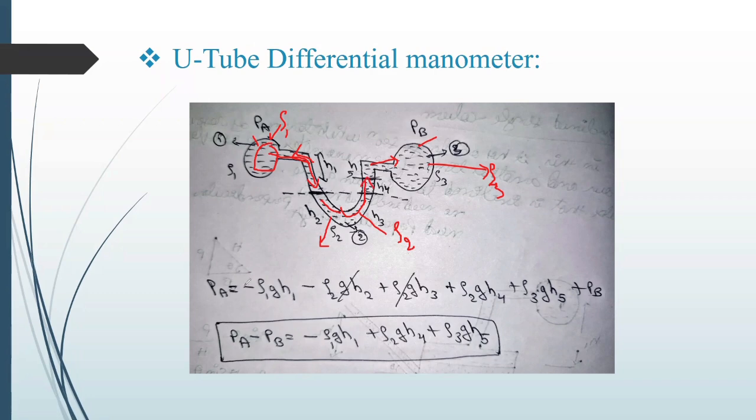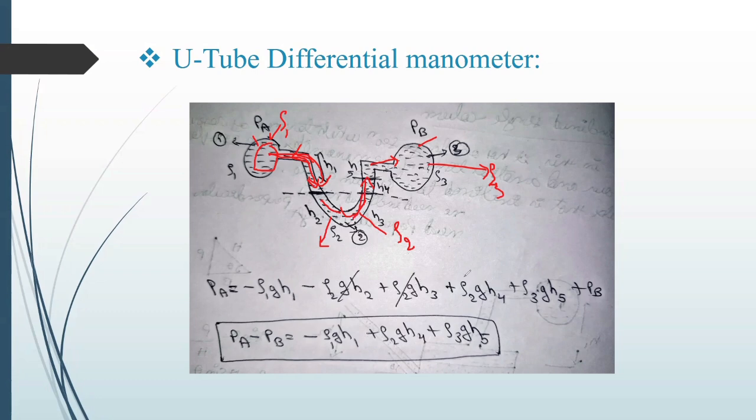As I said earlier, the liquid which flows downward we take as a minus sign, and the liquid which rises we take as a positive sign. Then what will the equation be? Minus rho 1 g into H1, because the liquid is going downward, and minus rho 2 g into H2, because the higher density liquid is also going down. Plus rho 2 g into H3, because from H3 to H4 the liquid is rising, so it will be positive.